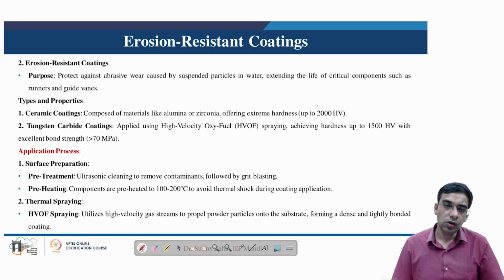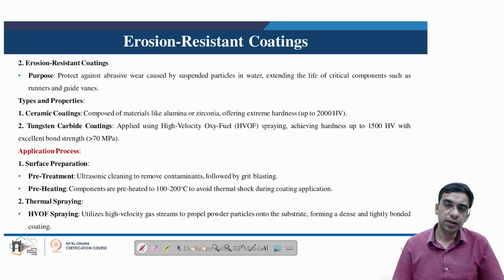So application of erosion resistant coatings largely uses thermal spray methods, before which surface preparation is important on the substrate or the hydro turbine component. In the surface preparation, the pre-treatment step involves ultrasonic cleaning to remove the contaminants, which is followed by grit blasting.